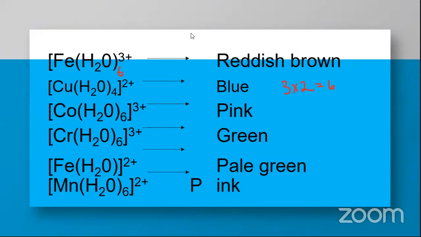So these are different examples of ions and how they appear in solution. Once again, there is no big difference between copper 2 ions, which are written like this, and this one.